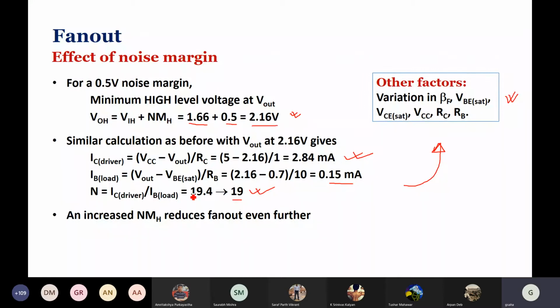Similarly, VCE sat ranges from 0.2 volt to 0.1 volt. Then power supply, you have considered 5 volt, but you have to see how good the power supply is. Is it plus minus 2%, plus minus 5% changes that could be there? Okay, plus minus 10% change could be there.